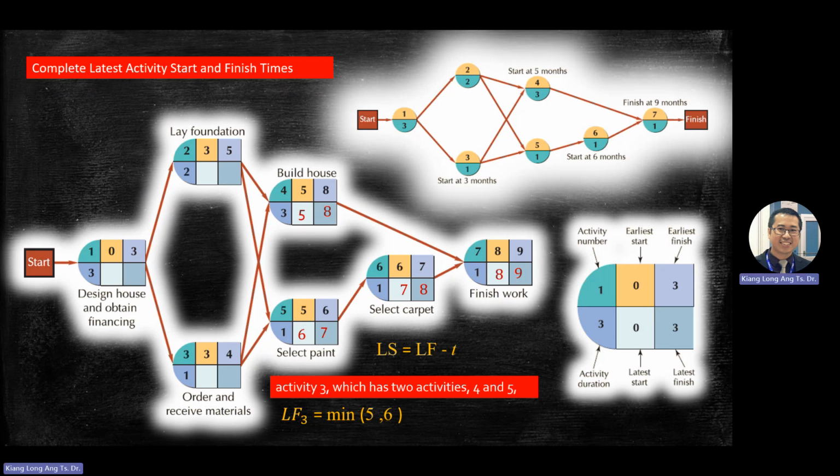Just be careful on this one. When you do forward pass, choose the maximum number. When you do backward pass, choose the minimum number if you need to choose at the junction. Okay, so here you got 5 and 6 to choose. Choose 5, because 5 is the latest start. You want to complete the project, so you are using the latest start time.